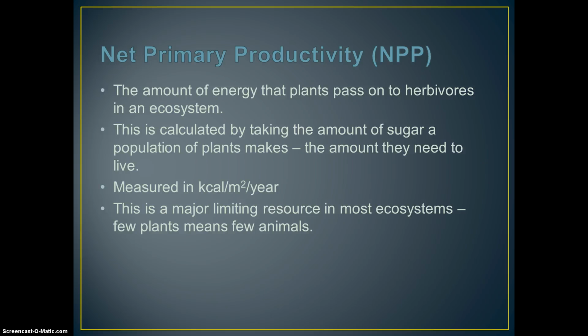This should make a lot of sense to you, because if we really look at an ecosystem, if we don't have a lot of plants, that means we're not going to have a lot of animals either. So there's only so much energy being produced at the plant level, at the producer level, so our consumers are very, very limited. A great example of this is a desert. If you go to a desert and look around, there aren't that many plants around. And because of that, there are very few animals that can survive. There's just not enough energy in that system.